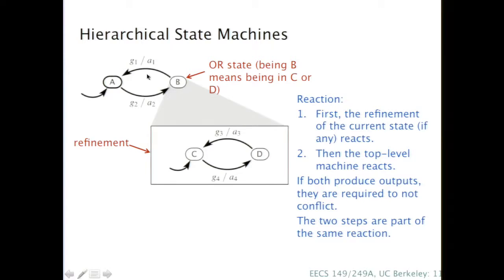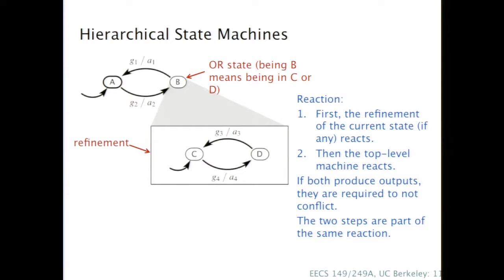When I transition from B to A, I might remember where I was in C or D. And when I come back to B, I might pick up where I left off. So if I left B while in D, then if the next time I return to B, I am still in D, then actually this state machine has 4 states. On the other hand, if every time I enter B, I go to C, then the state machine only has 3 states.